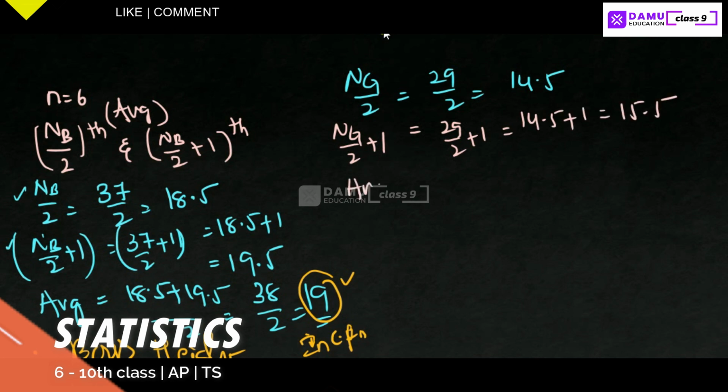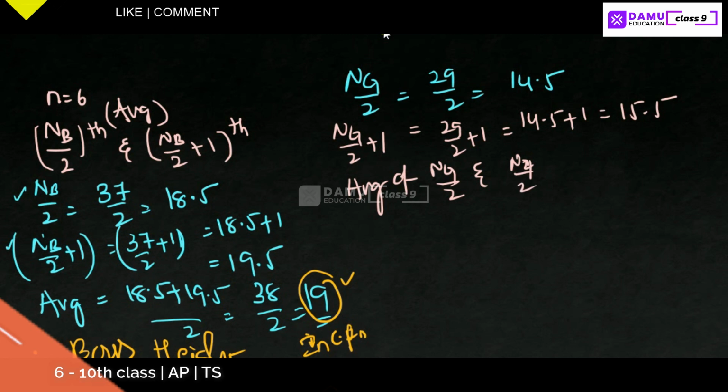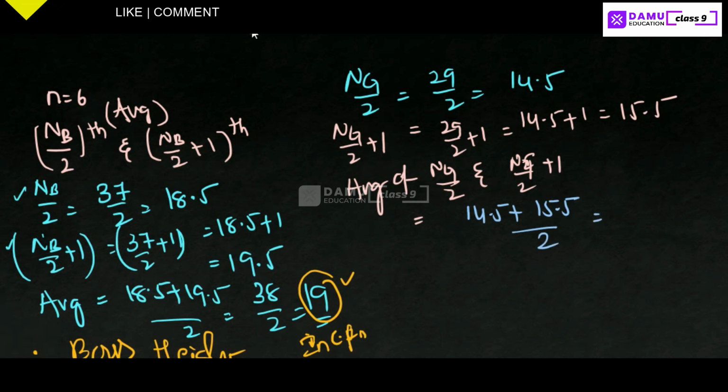Now let's take the average of ng by 2 and ng by 2 plus 1. So 14.5 plus 15.5 by 2. 14.5 plus 15.5 is 30, and 30 by 2 we get 15.